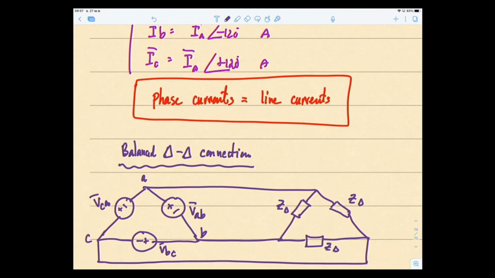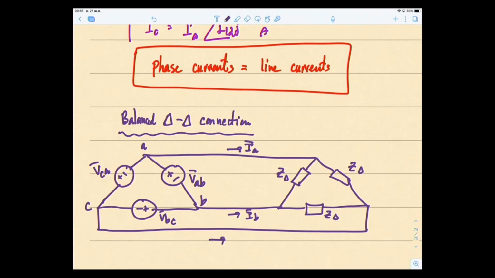And of course this is the line IA, IB, and IC. So A, B, C.